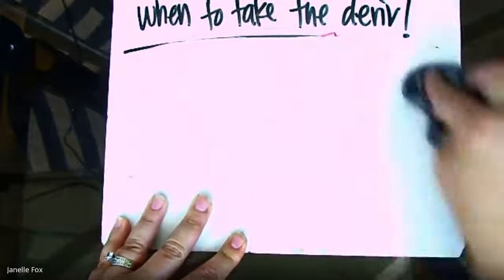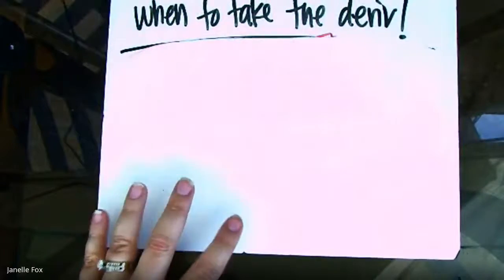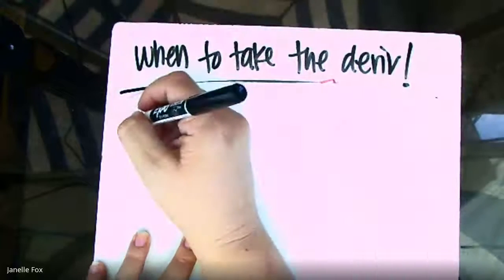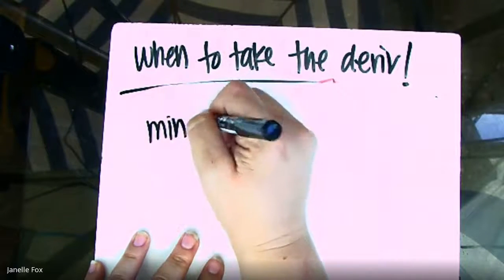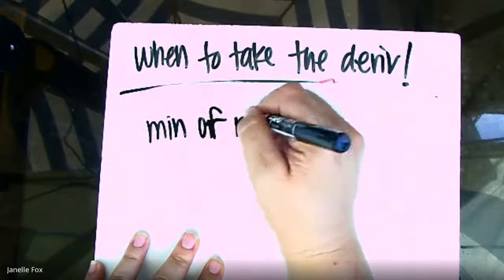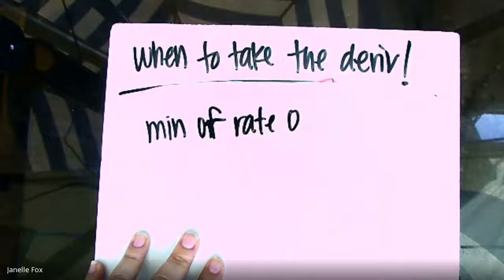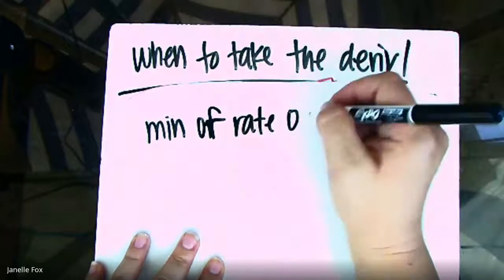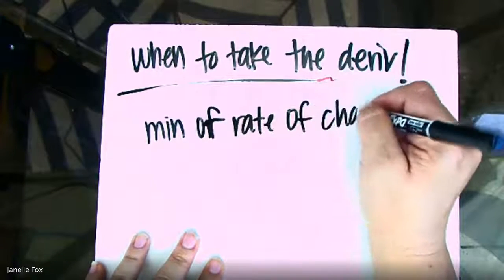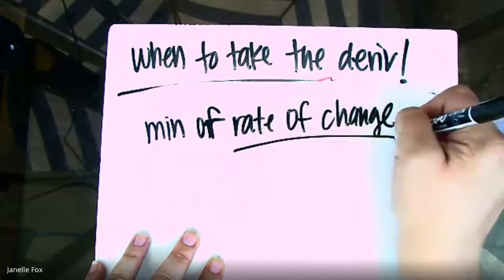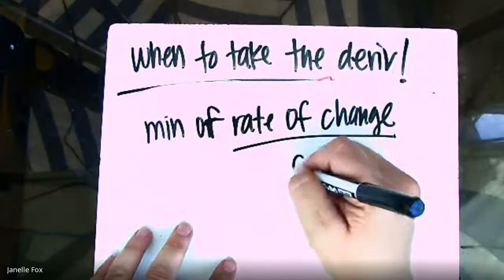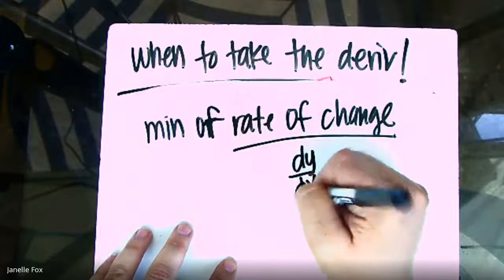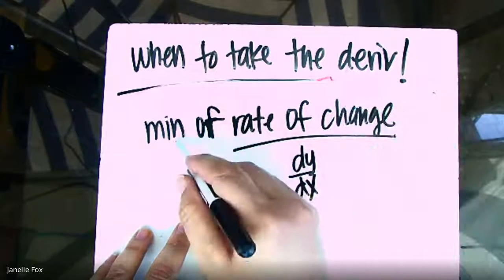This is a very interesting question that I saw. It said, find the minimum of a rate of change. That was interesting, because rate of change is already saying that there's a derivative. But what was interesting is that they gave us the derivative, and then it said find the minimum of this.